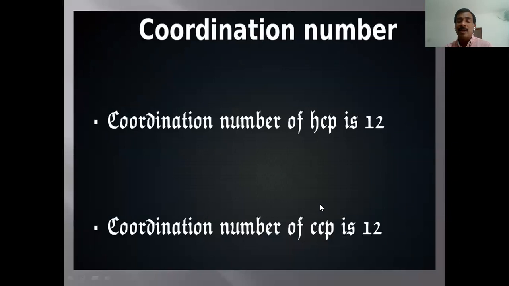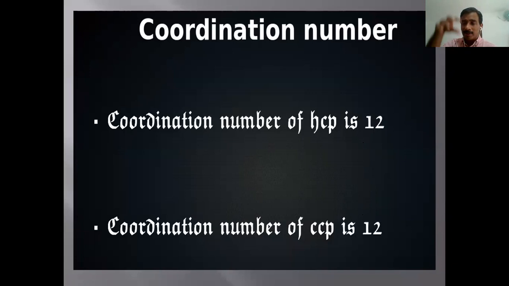Now, what is the coordination number of this arrangement? Here it is given as 12. How is it obtained? You may remember in two-dimensional hexagonal close packing, one sphere is in direct contact with 6 other spheres. Its coordination number is 6.